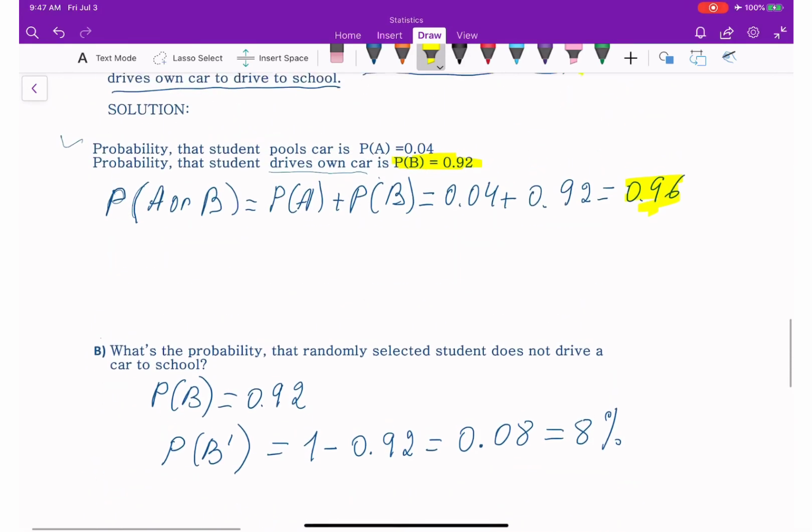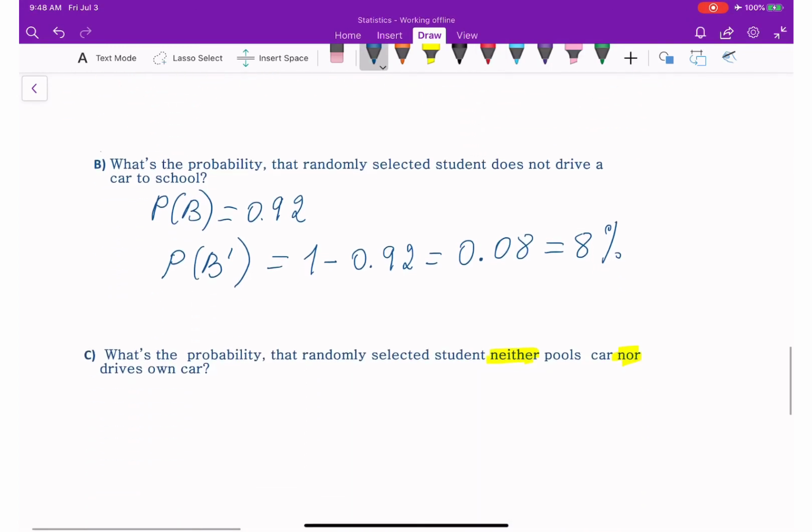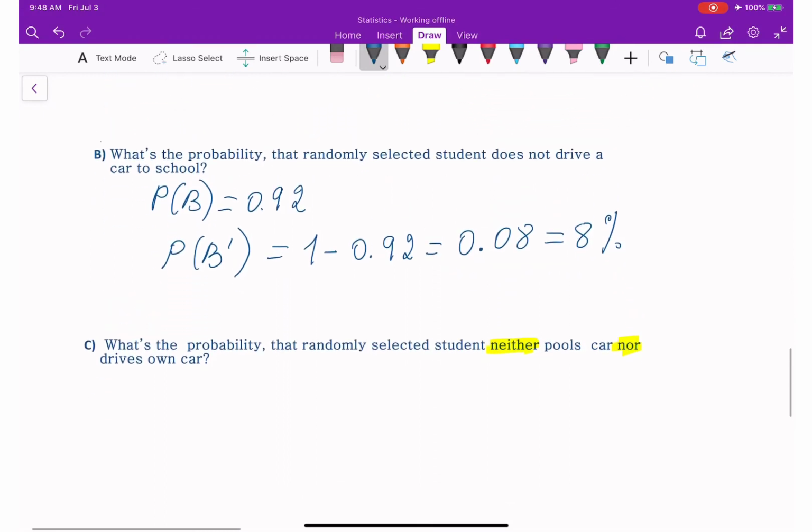Where is it? Pulling or driving, it's right here. Probability of pulling or driving, which means neither pulling nor driving, it's going to be the rest, right? Leftover, which is going to be probability of A or B prime, prime meaning complement, it's going to be 1 minus 0.96 is equal 0.04.